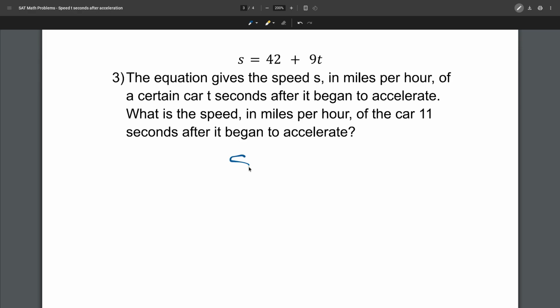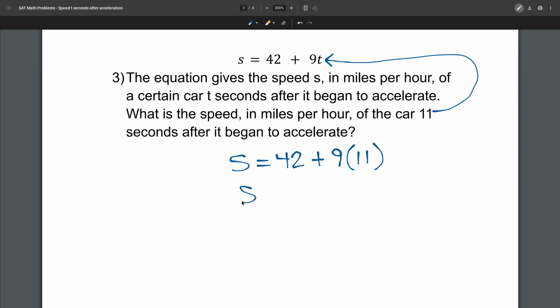So the speed is going to be 42 plus 9 times the time here, which is going to go in here. So it's going to be 9 times 11. So our speed is going to be 42 plus 99.